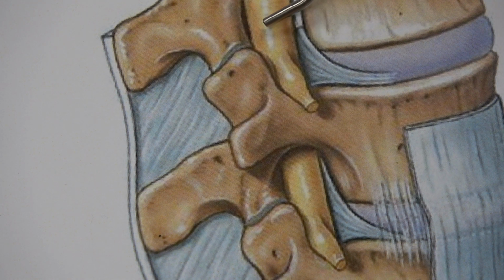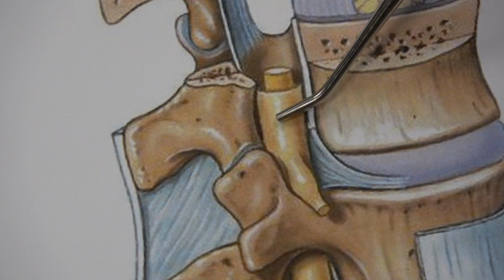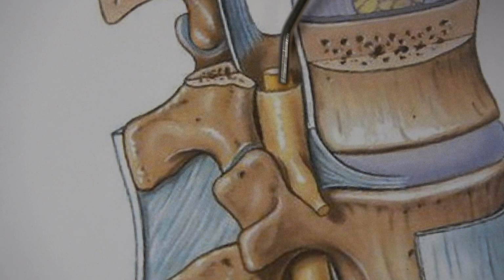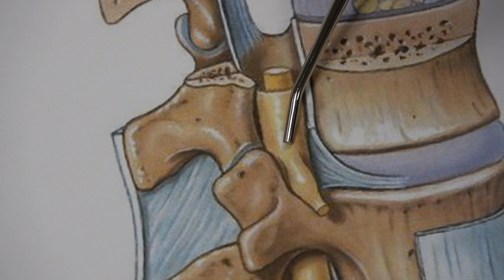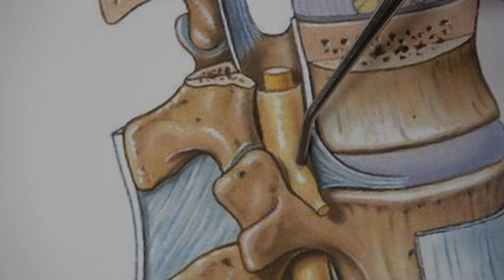We can also see this. There's the thecal sac, right, or the dural sac. It looks like the spinal cord, that's probably the conus medullaris, that's the tip of the spinal cord right here, and it's encased by this sac called the dural sac or the thecal sac. And then we have a branching nerve here.